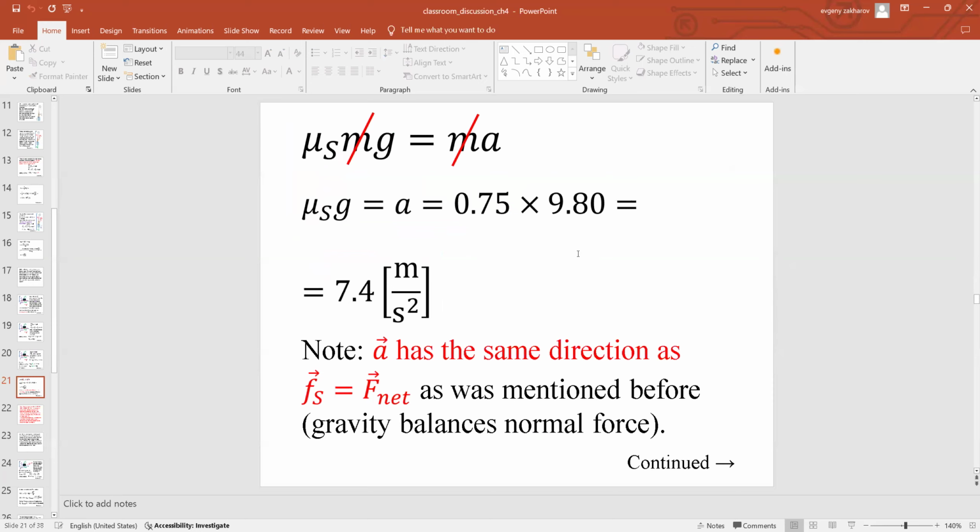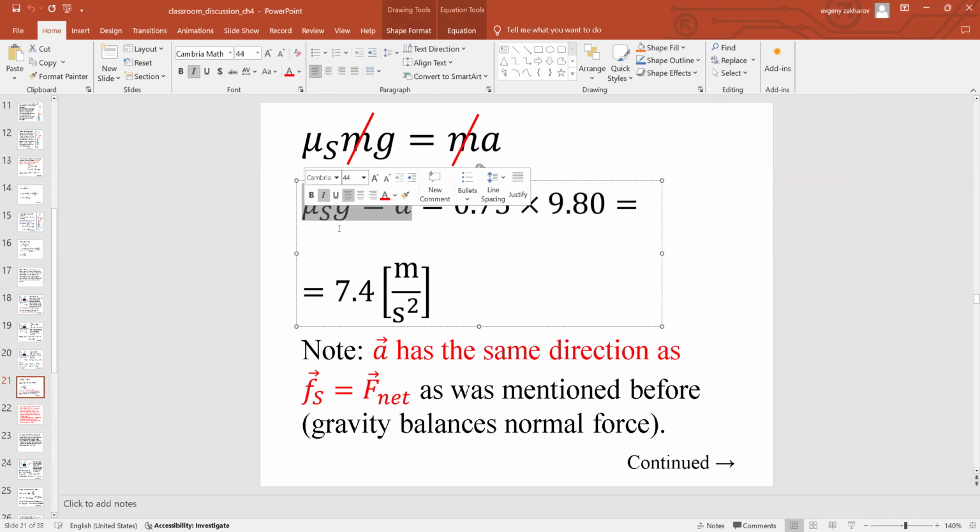This is what proves our particle model approach. It's totally fine to say it's just a particle because mass cancels and mass does not enter the solution of the problem. Your acceleration depends only on the coefficient of static friction.